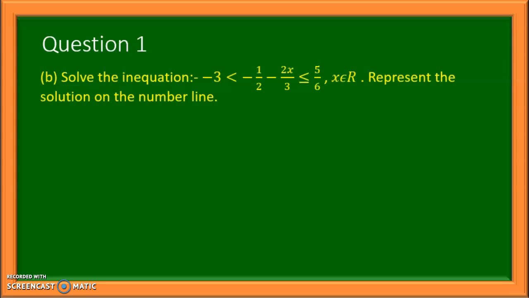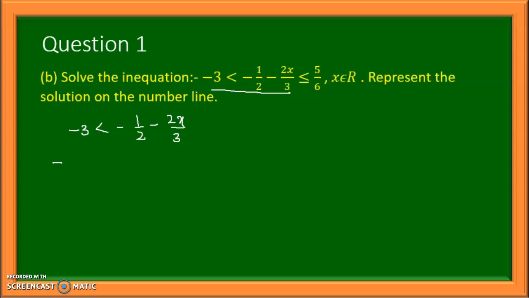First we can take the first part: minus 3 less than minus 1 by 2 minus 2x by 3. Multiply both sides by 6.